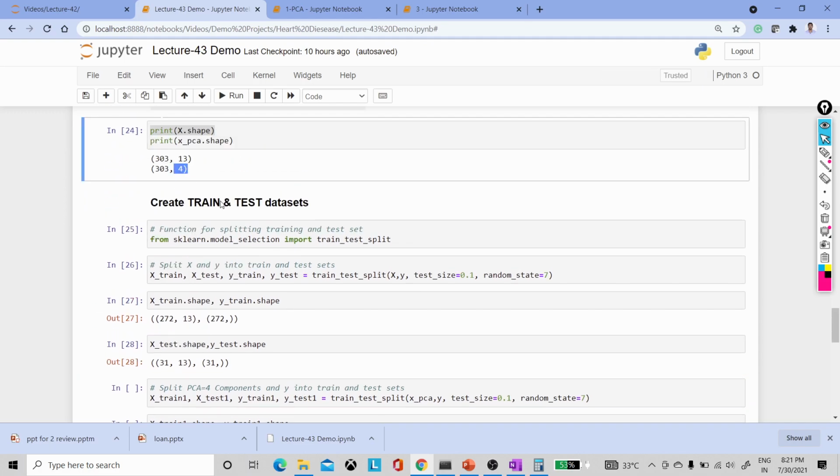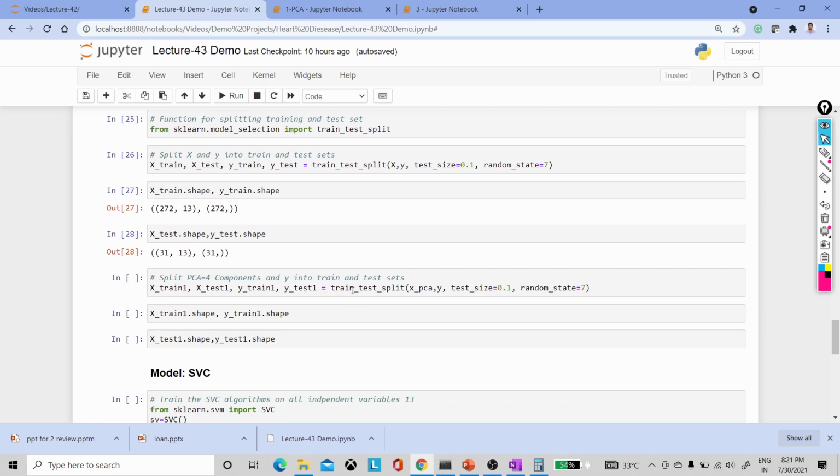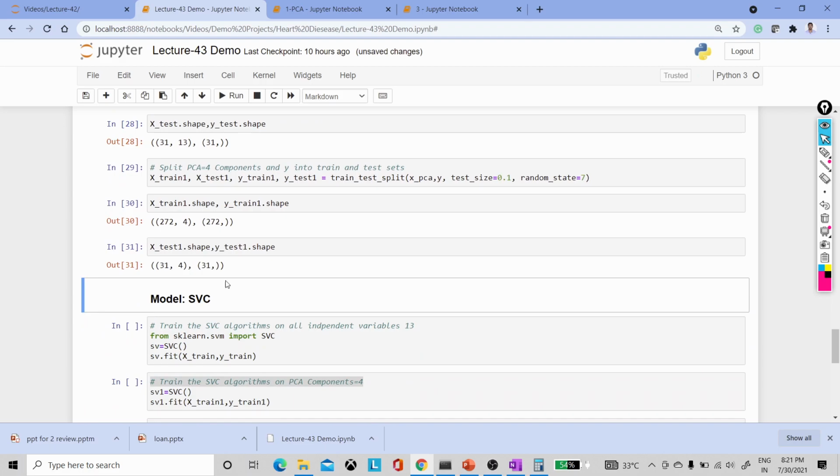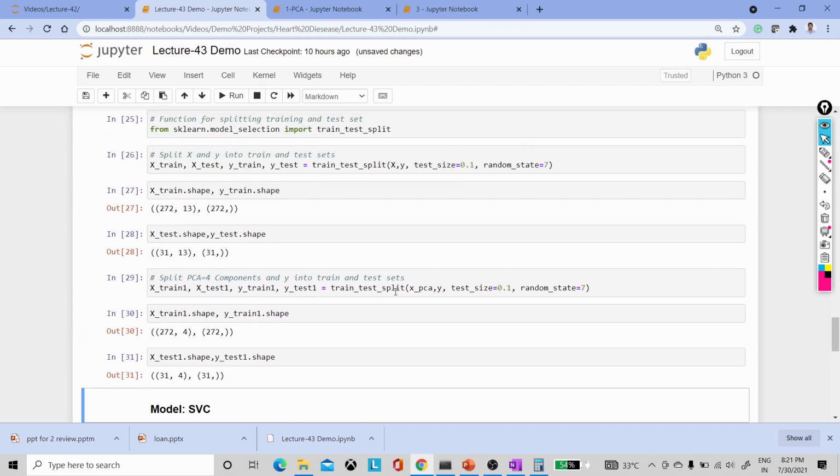XPCA means 4 components of the information, the PCA dimension information. So here I feed the features to my model, train my model, and take the results. So this is case 1.